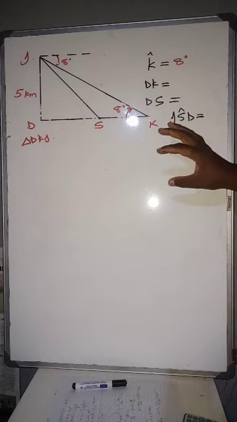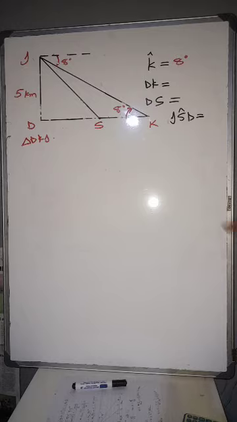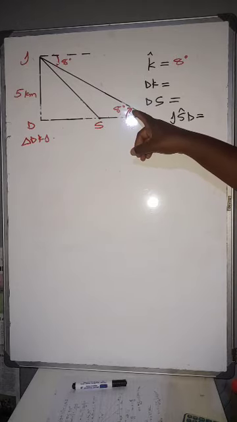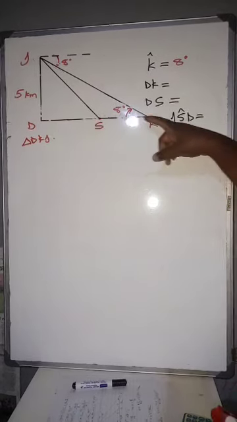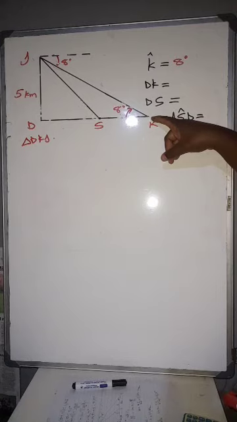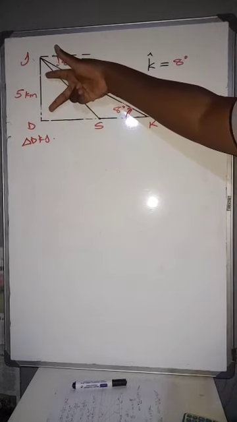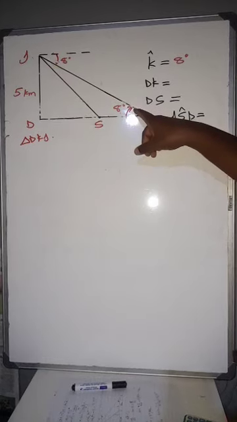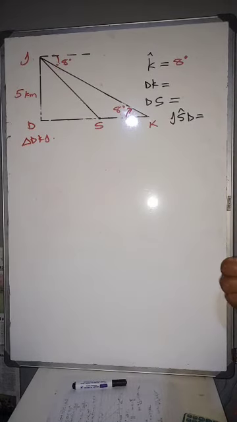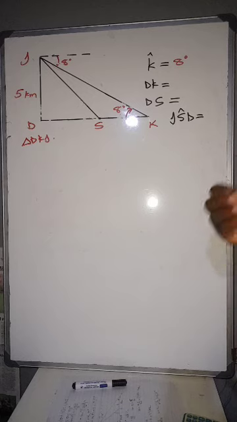Now, in our triangle, we have the angle given here, and then we are looking for DK, which happens to be adjacent to the angle. And we are also given DJ, which happens to be opposite to this angle. So we have adjacent, we have opposite. Which ratio do we use?